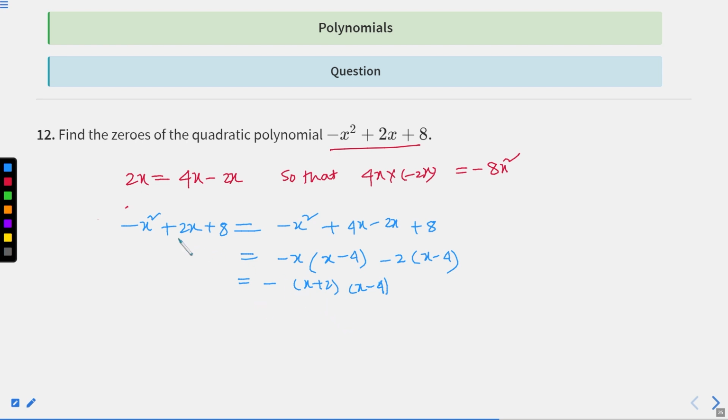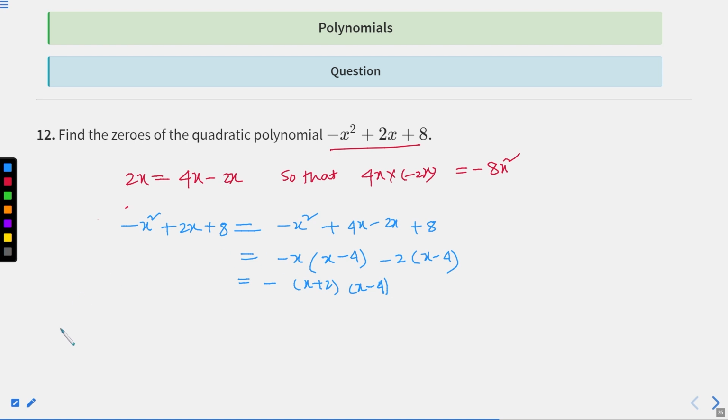So minus of x squared plus 2x plus 8 is equal to minus of x plus 2 times x minus 4. Okay, so now for finding the zeros of this quadratic polynomial, we need to equate this quadratic polynomial to 0.